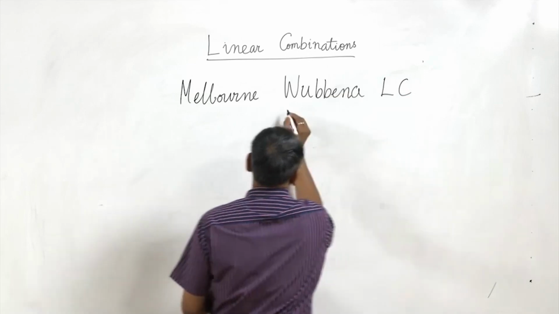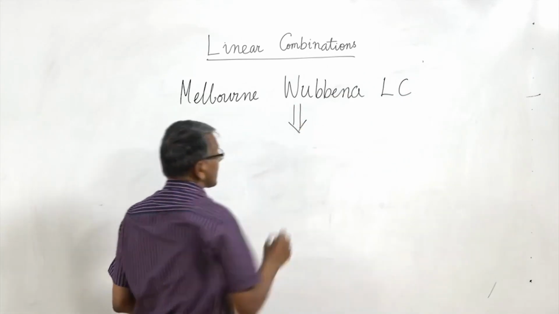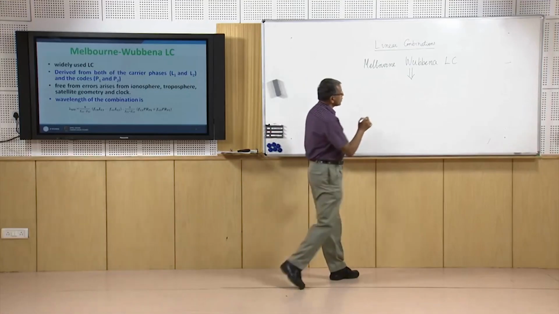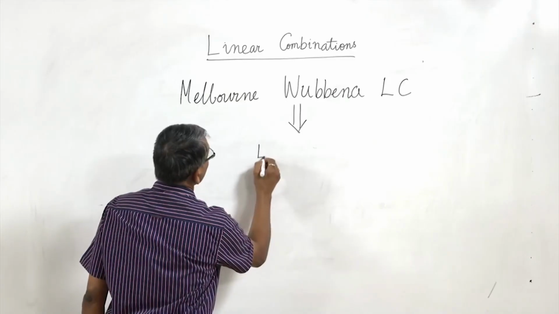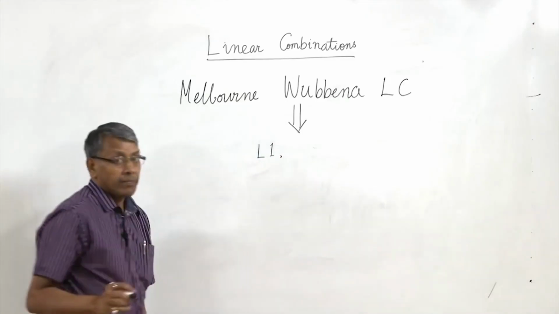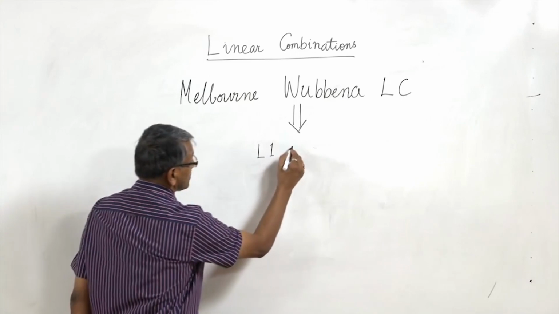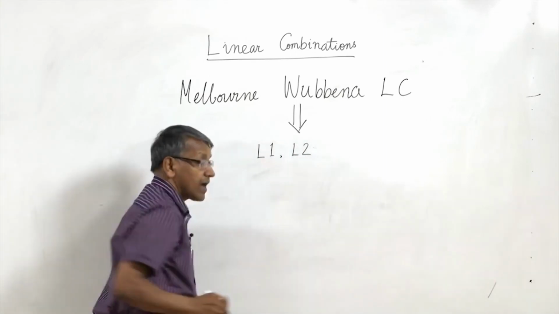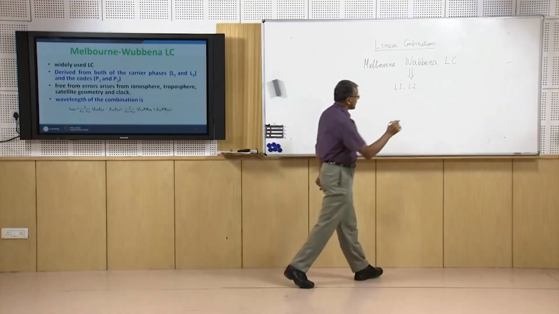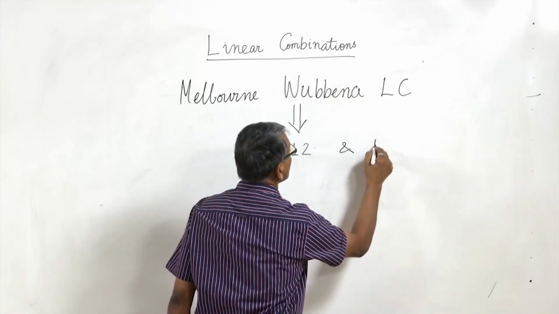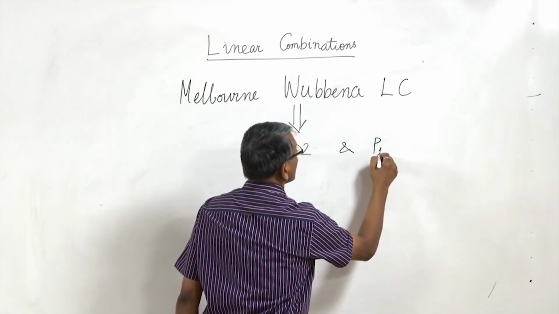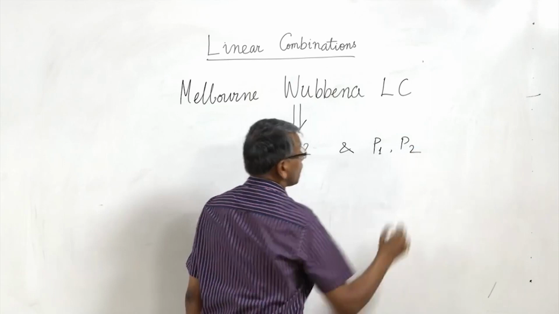Actually, in this linear combination, we make use of the phase observables of both the carrier signals L1, L2 as well as the pseudo ranges of the signals P1 and P2.